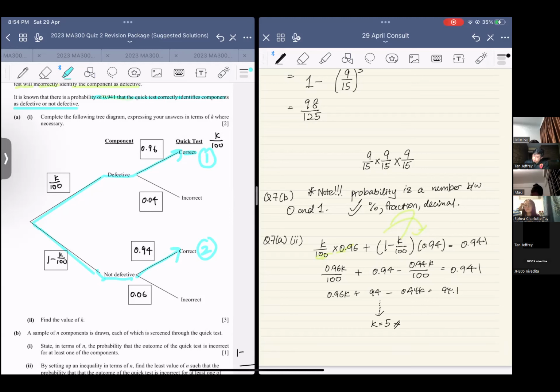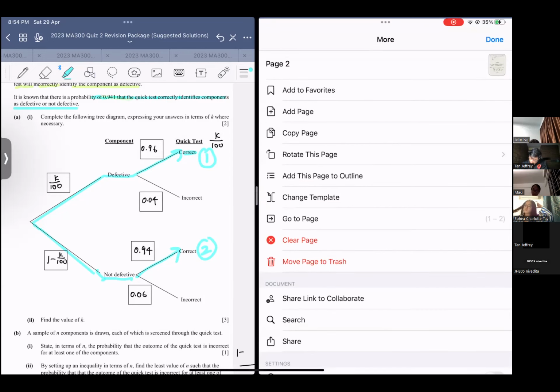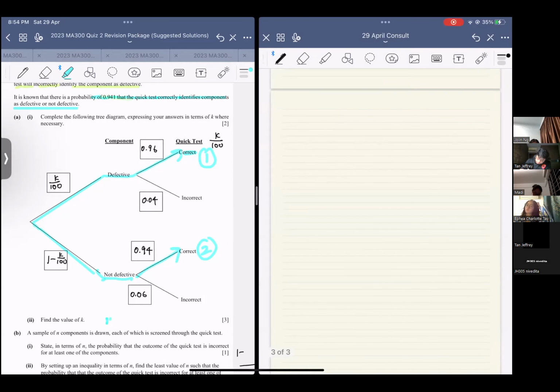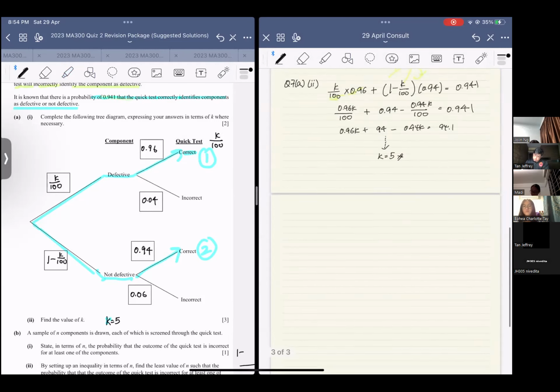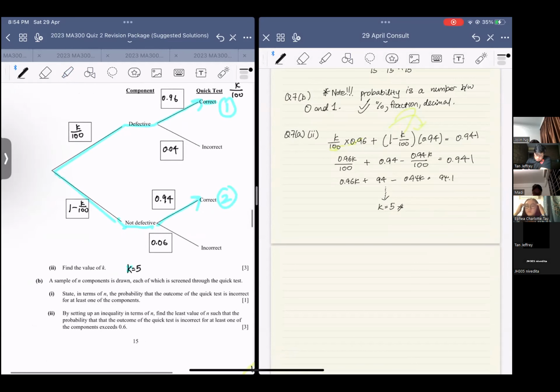It is a very beautiful number. Can? Okay, so K will be equal to 5. So the main thing is just to use the fact. The hint here is to use the part that says 0.941.